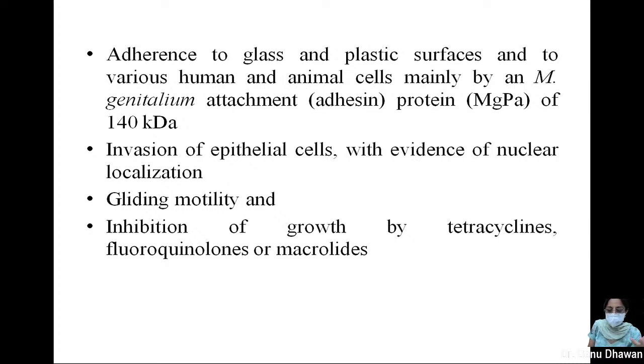Now, it adheres mainly by means of an attachment protein, the adhesins, by which it attaches to various human and animal cells. This is MGPA, the Mycoplasma genitalium adhesin protein, which is 140 kDa. There are several other proteins, but this is one major protein which I mention because the PCR we do for detection of M. genitalium uses the gene target MGPA 140.